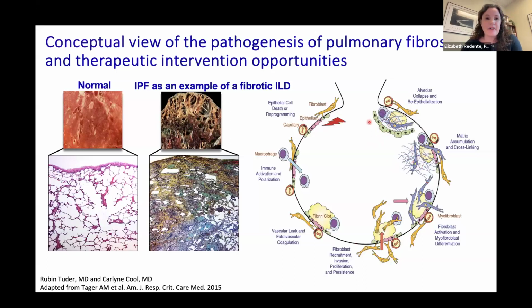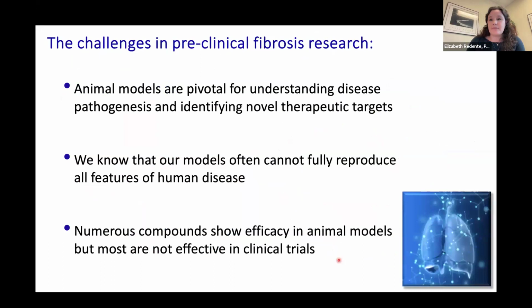And as we think about our preclinical models of fibrosis, there are many parts along this pathway of disease that we can think about targeting or thinking about where our questions lie. And I think that becomes important as we think about which model systems we want to use. So there are many challenges that we face in our preclinical fibrosis research. And we know that our animal models are pivotal for understanding disease, pathogenesis, and for identifying novel therapeutic targets.